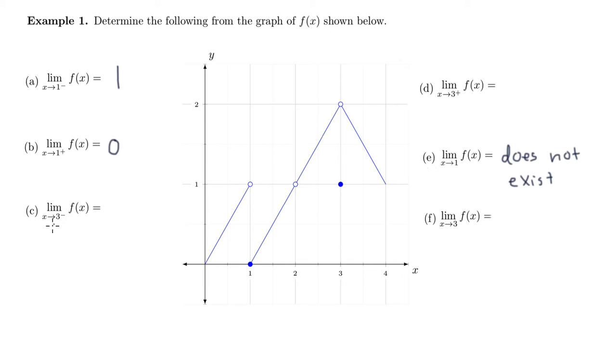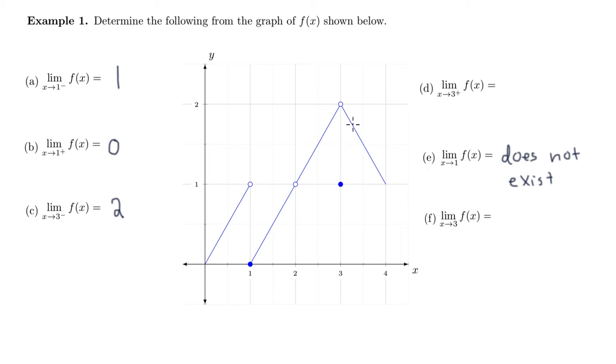So now let's look at the limit as x approaches 3 from the left. I start tracing the graph of the function from the left of x equals 3, and I approach x equals 3 from the left, and it looks like I'm approaching y equals 2. Then I go from the right. What's the limit as x approaches 3 from the right?